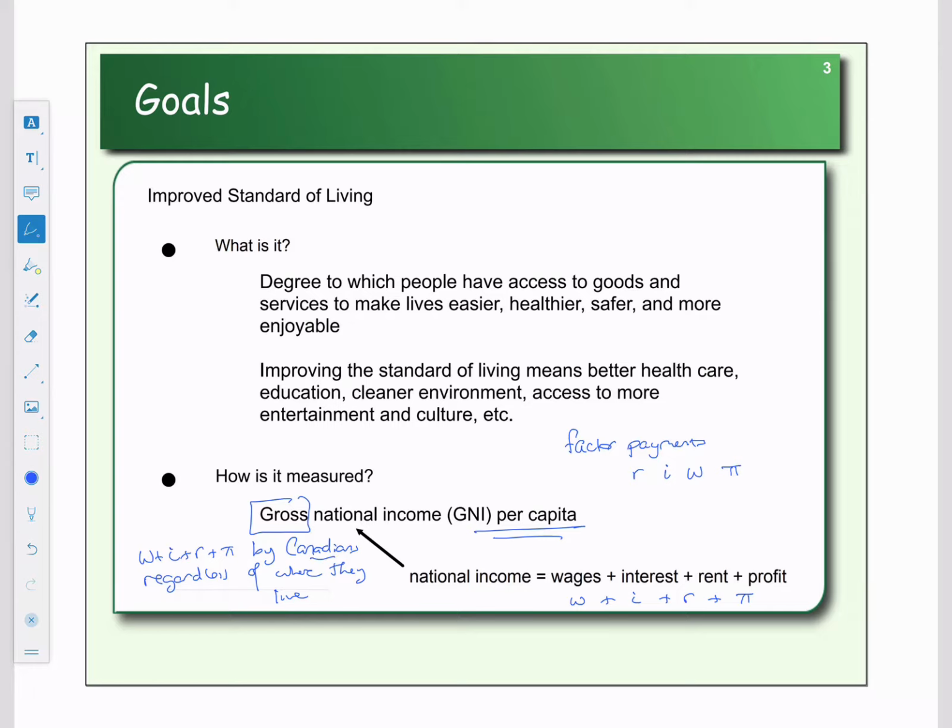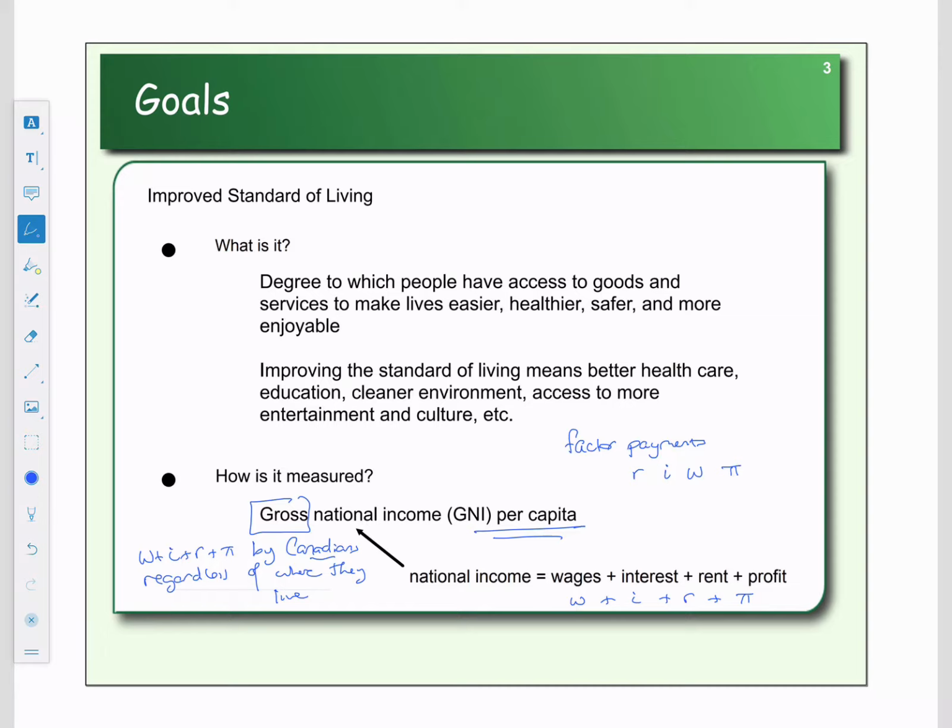And the reason that we look at gross national income per capita is because we want to look at what our people have access to. So we have to consider that Canadians may be earning money, wages, interest, rent, or profit from work they do abroad or from work they're doing here. So we want to know how well our population, our citizens are doing.